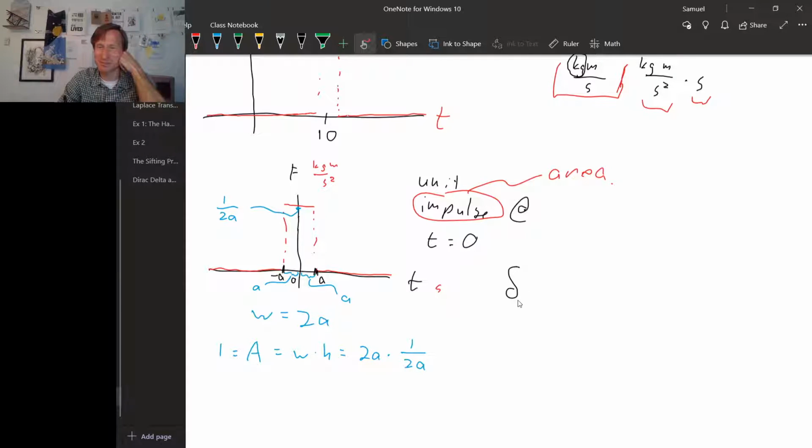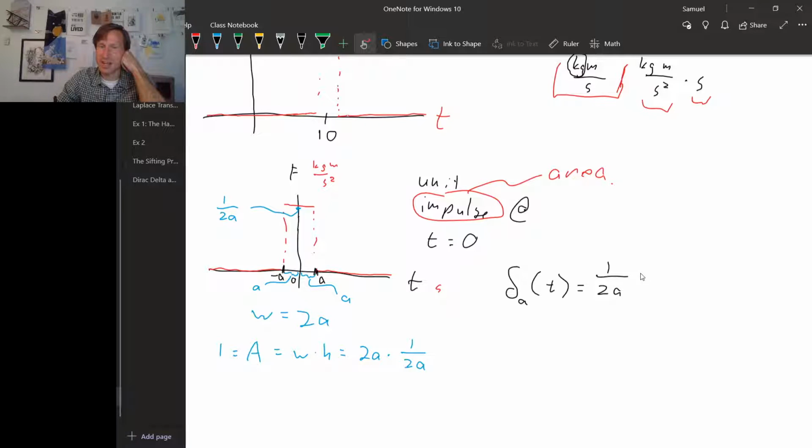You might have expected to call it f for force, but we're going to call it delta. Since it depends on what a is, we put a little subscript a, to remind ourselves that this is the version of delta when the radius of this interval is a. So we're going to write delta sub a of t, and it starts out 0, but then at time negative a, there's a step function that turns on. We know this step function has to have height 1 over 2a.